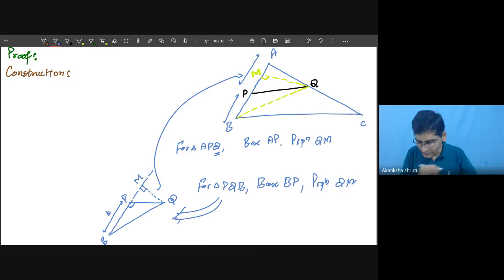Okay, student? So if I want to take the area of triangle APQ, taking the first case, it will be half. The base that we will write will be AP, and the perpendicular that we will write will be our QM.